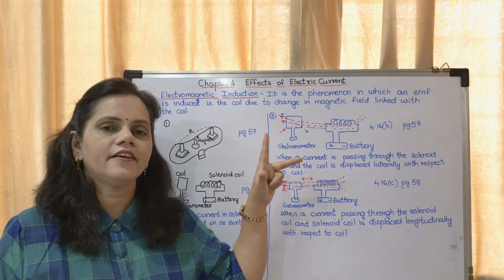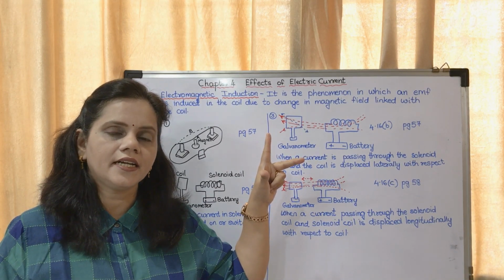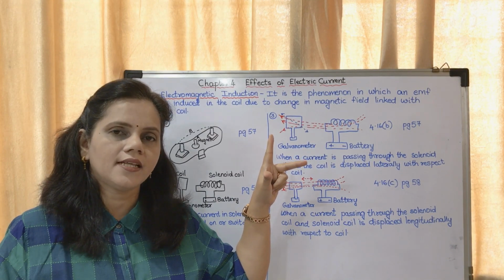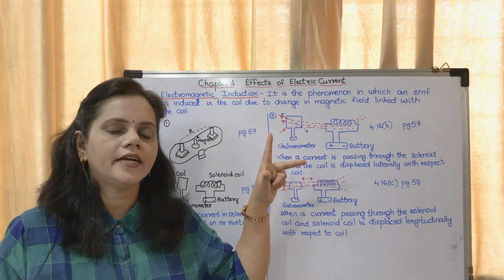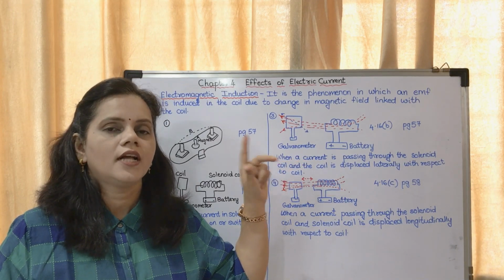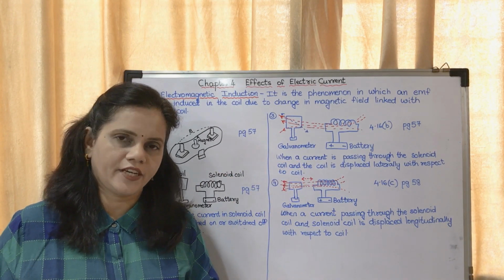That means if you are placing a current carrying conductor in a magnetic field, it experiences force and it shows change in position. That means it can move. That is Fleming's left hand rule.